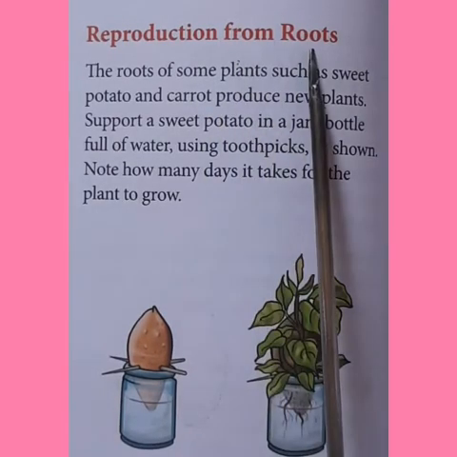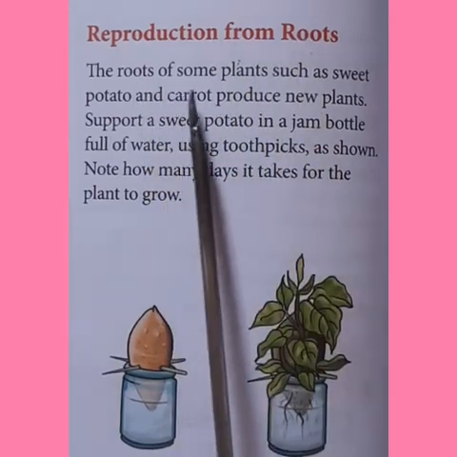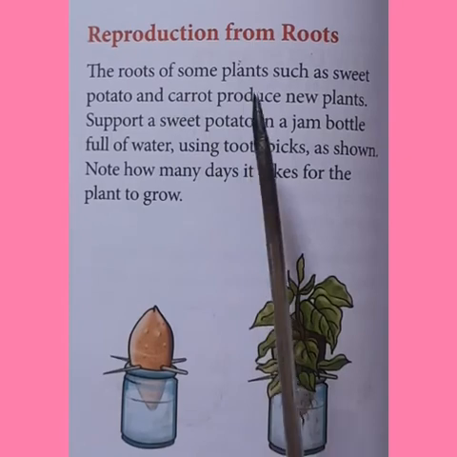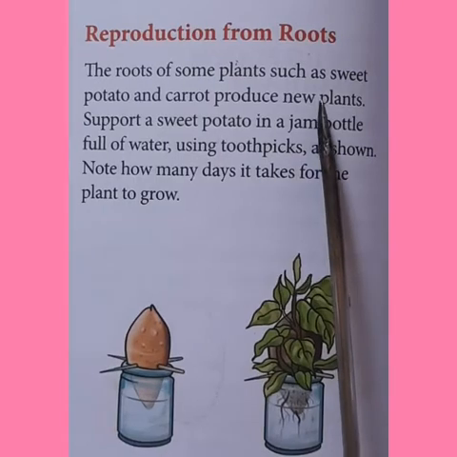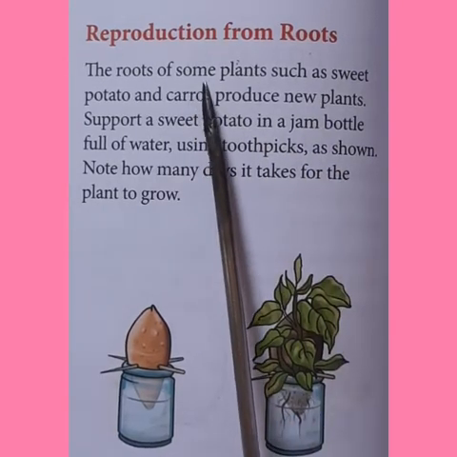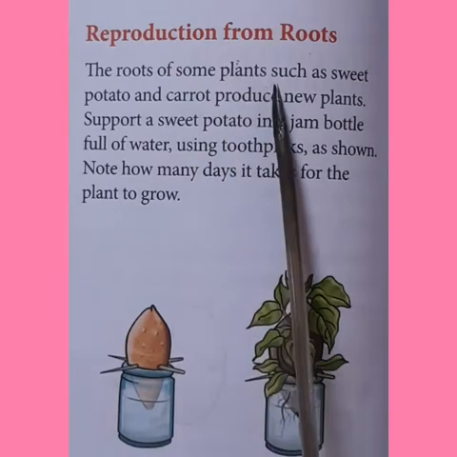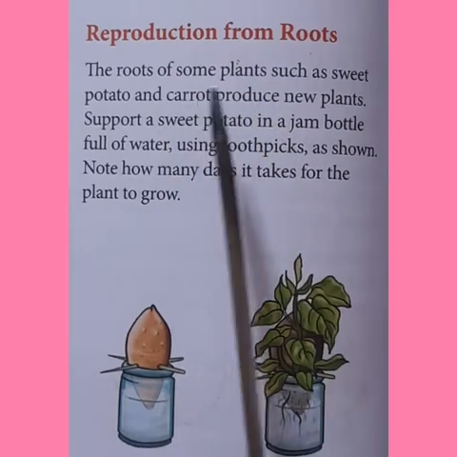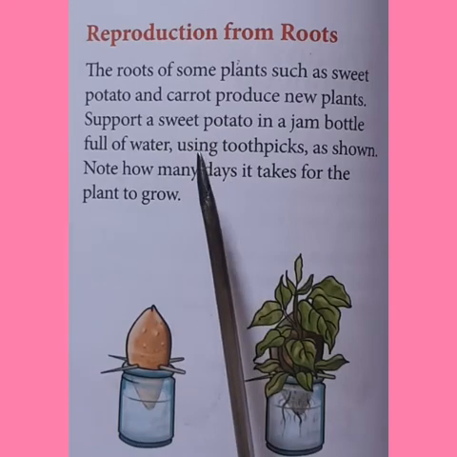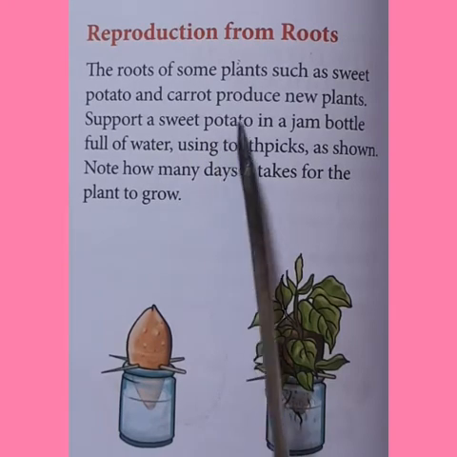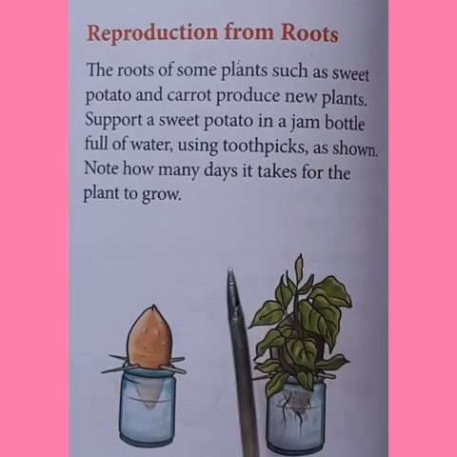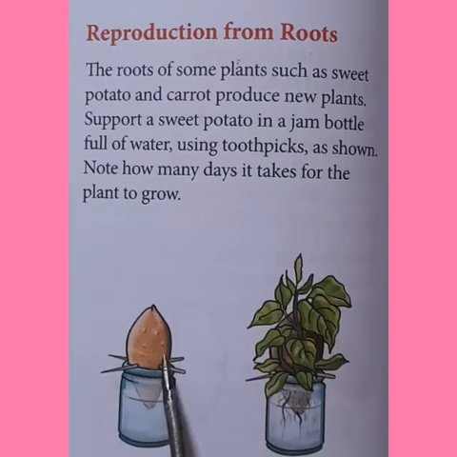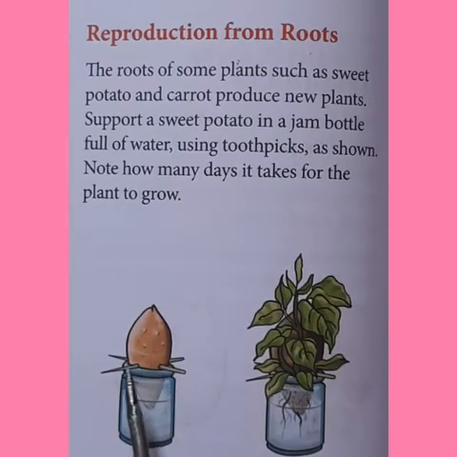Reproduction from roots. Many roots of plants, such as sweet potato and carrot, produce new plants. If a part of a root, be it sweet potato or carrot, is grown in soil and watered regularly, it grows into new plants. Here an activity is given for you children, where you take a sweet potato and put it in a jam bottle which contains water.